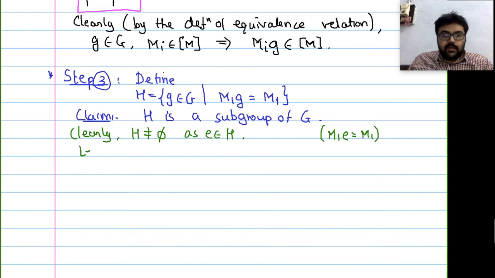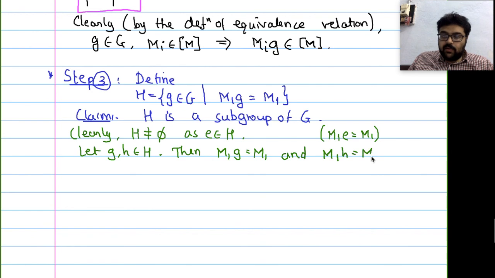So let G and H belong to H. That means M1G equals M1 and M1H equals M1. What we have to show is that the product also belongs to H. So now, what is M1GH?